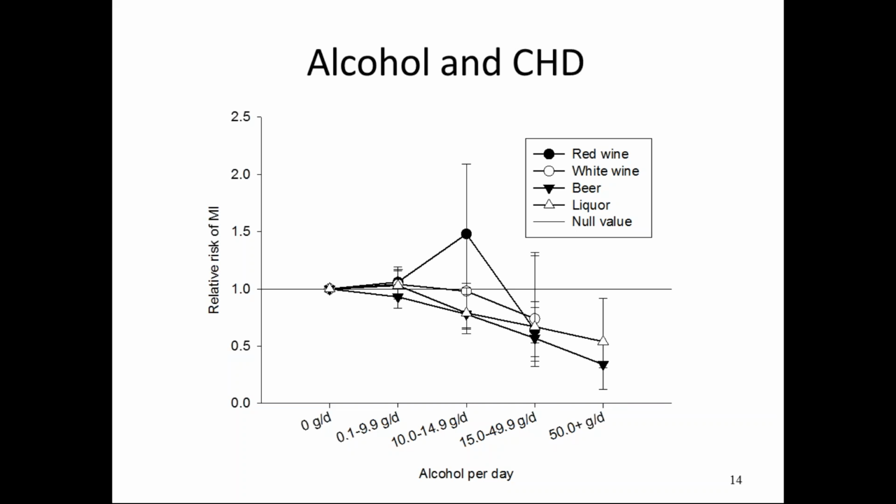But we have a hard time really distinguishing whether people are lying consistently or reporting accurately consistently. In other studies with higher levels of alcohol intake, it actually starts going up at the end. So very high levels of alcohol intake are probably cardiotoxic.